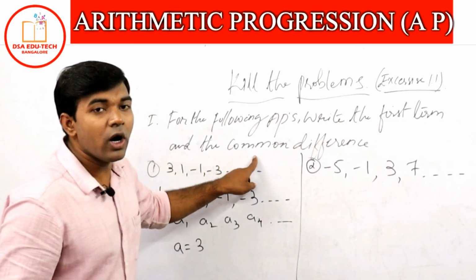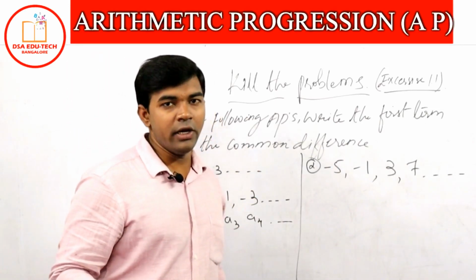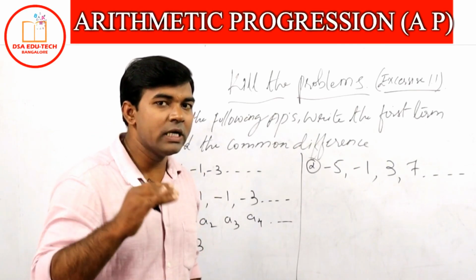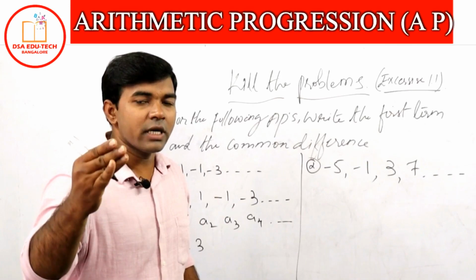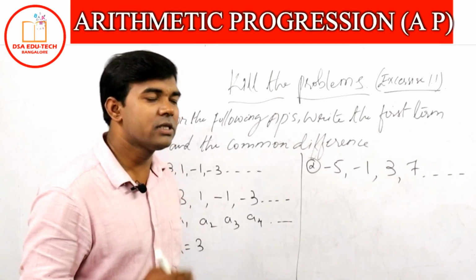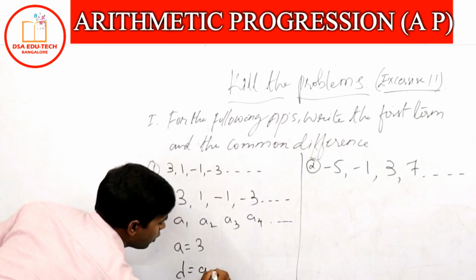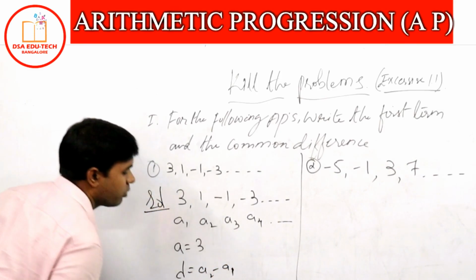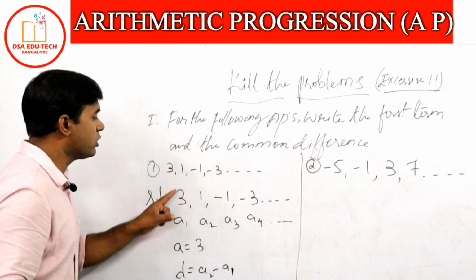Now they are also asking us to find the common difference. You remember in the introduction I had told you the common difference is denoted by D and it is nothing but the succeeding number minus the preceding number. So D is equals to A2 minus A1. A2 is how much over here?